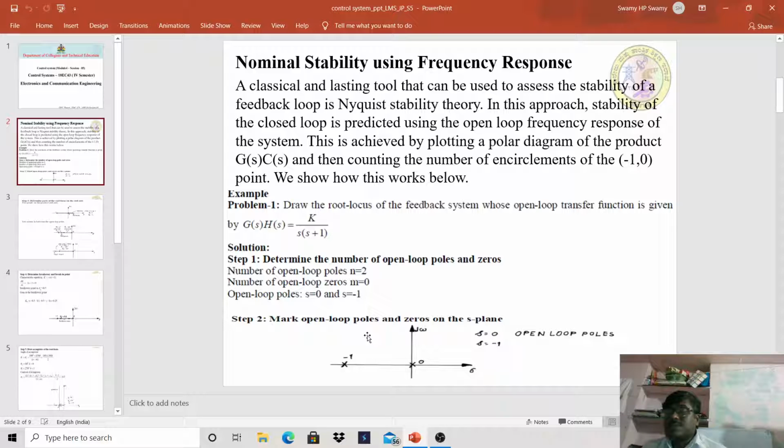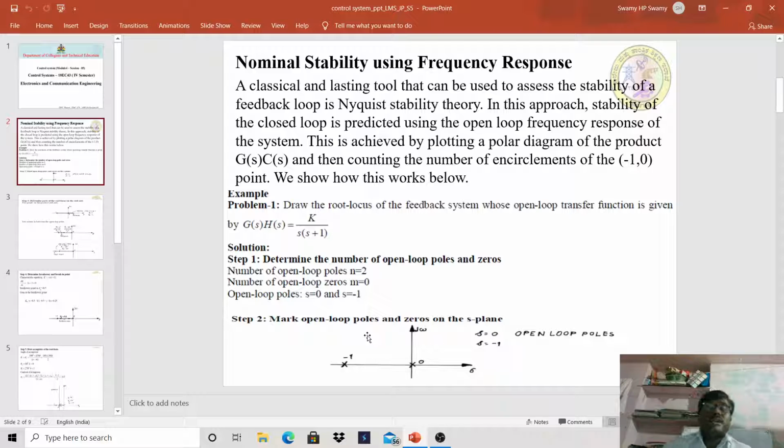This is achieved by plotting a polar diagram of the product of G of S and C of S, and then counting the number of encirclements of the -1 + j0 point. We show how it works.